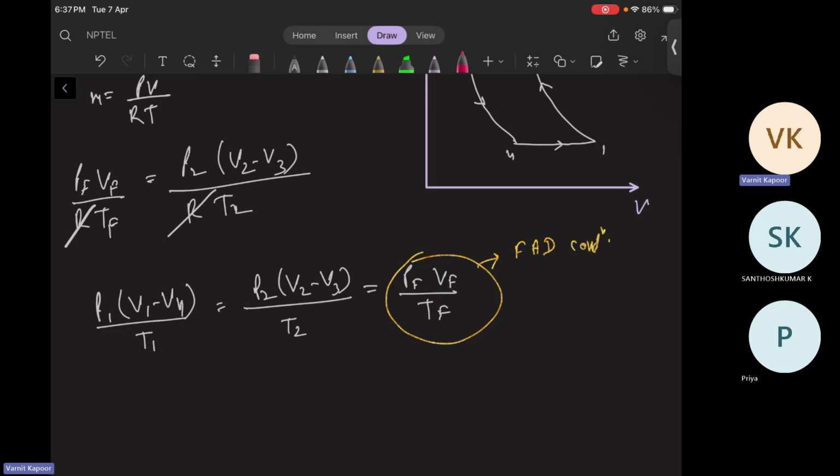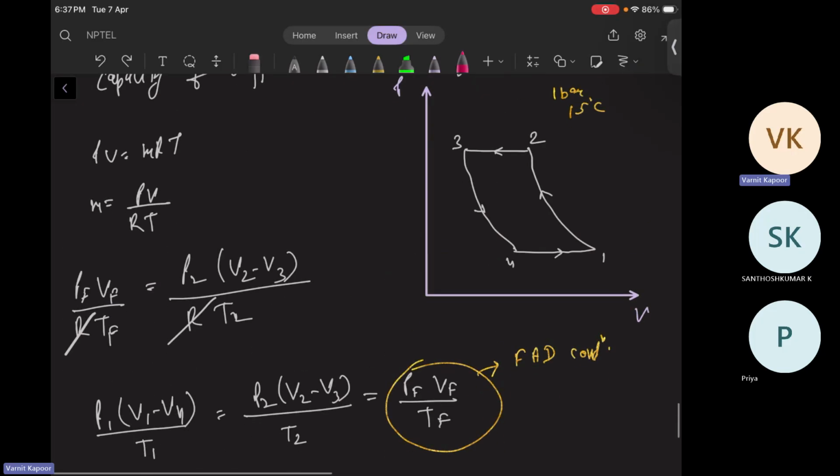Now the question may arise why I am not writing P1 V1 by T1, and why I am writing P1 (V1 minus V4). Because when I say V1 minus V4, this is the process from 4 to 1, that is the suction process. So in a cycle, we have one process, and these points 1 and 4 are point functions.